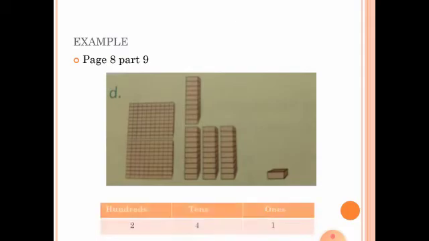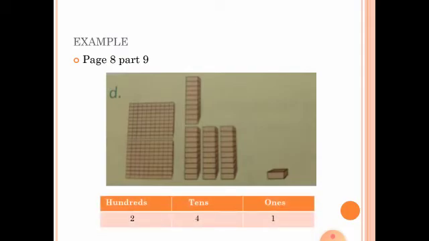It means that you have 200, 4 tens and 1 one. 4 tens are 40, 200 plus 40 plus 1 will become 241.